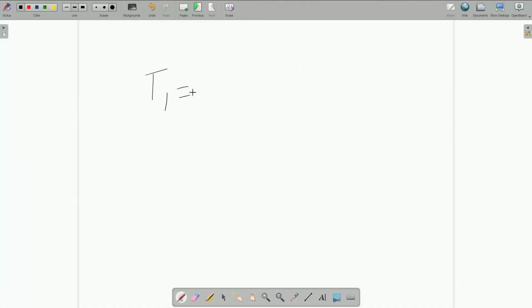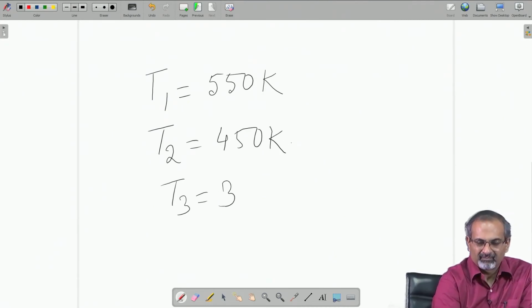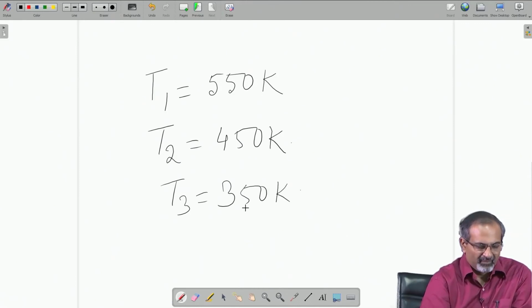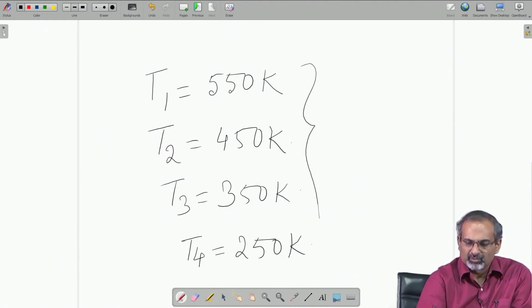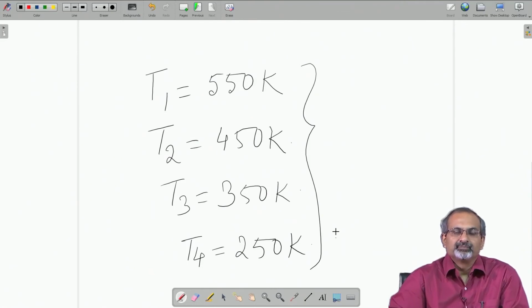So, if you do that, then these 4 equations need to be solved, and then you will be able to come up with the final solution, which looks like, so, these would be the 4 temperatures that we will be able to solve once those 4 equations are solved manually.